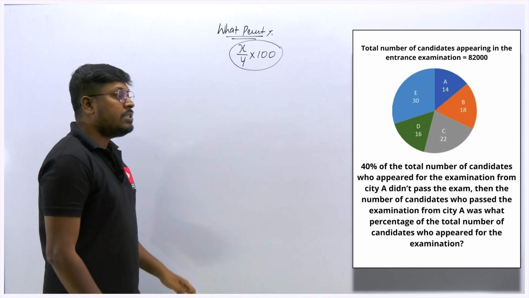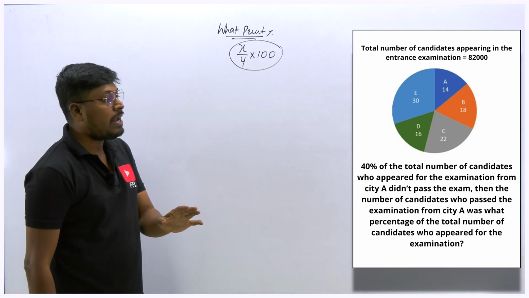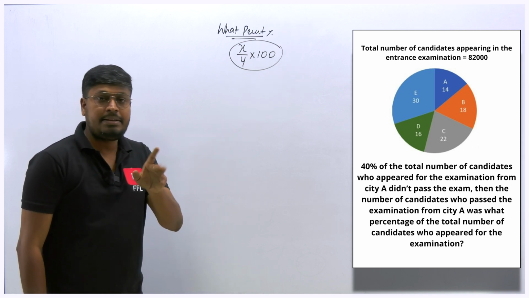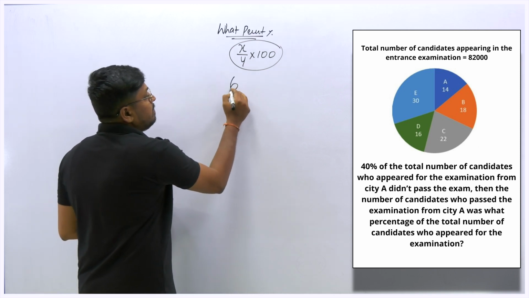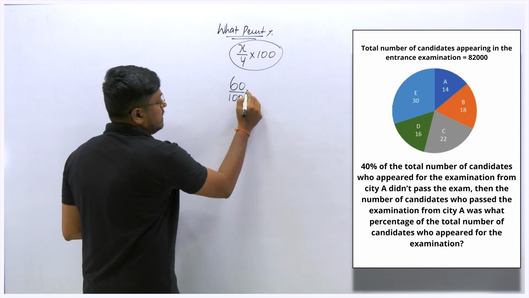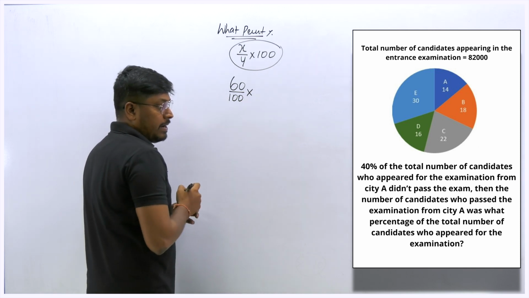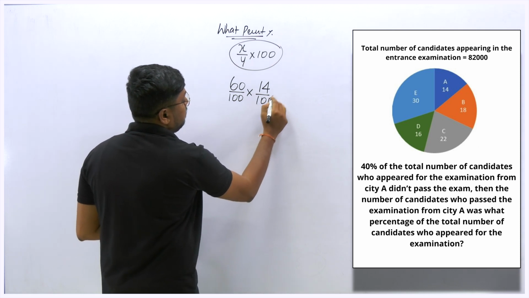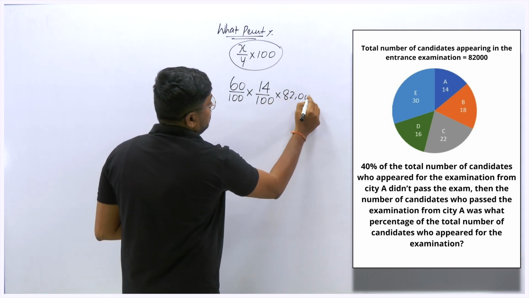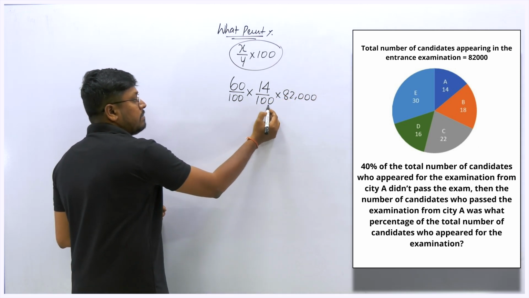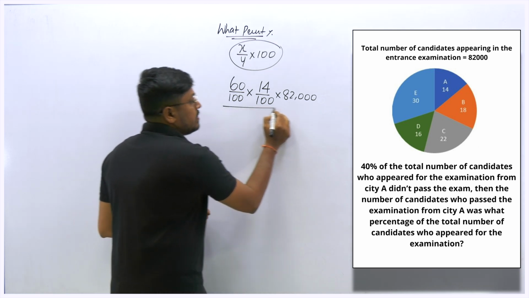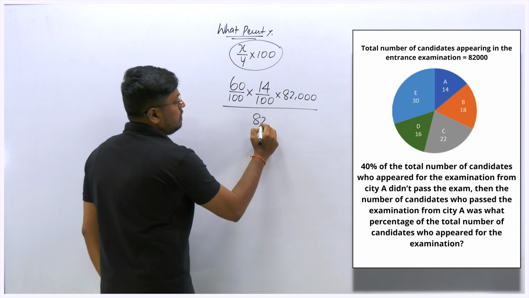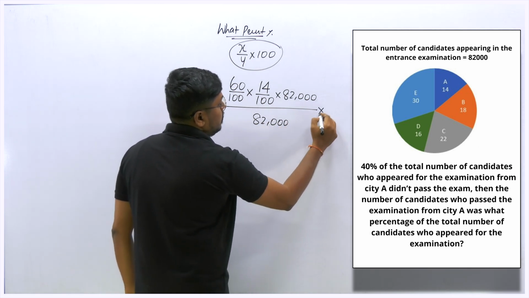Now what they are saying is 40% of the total number of candidates did not pass. So if 40% did not pass, then the remaining 60% passed, right? So 60% of the students who appeared from city A, right? City A, how much? 14%. So 14% of the total 82,000 students appearing from city A, 60% passed. So divided by the total number of candidates appearing for the examination, which is 82,000, into 100.